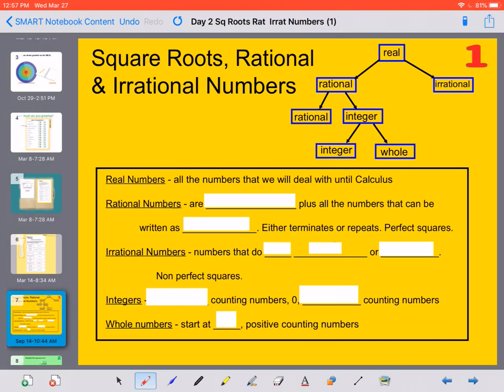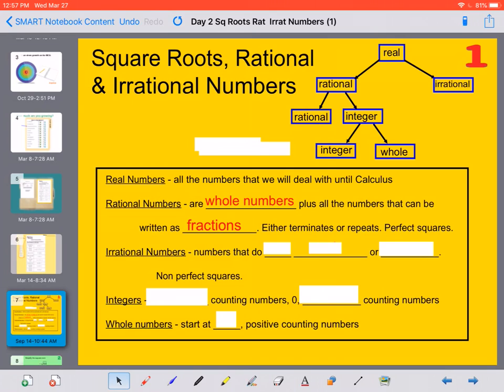Alright, so we're going to talk about some definitions of square roots, rational and irrational numbers. Real numbers are all the numbers that we deal with in calculus. So every number that we deal with in this class is a real number. Now rational numbers are whole numbers plus all the numbers that can be written as fractions.